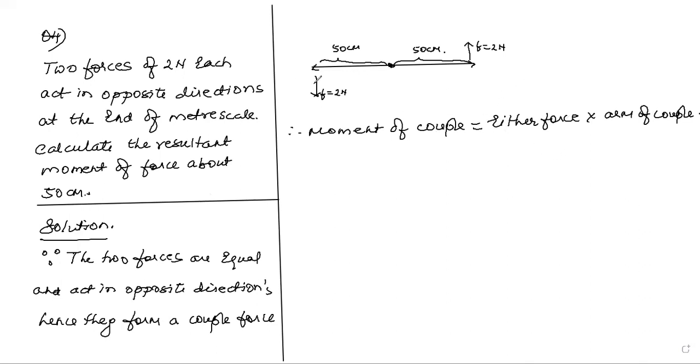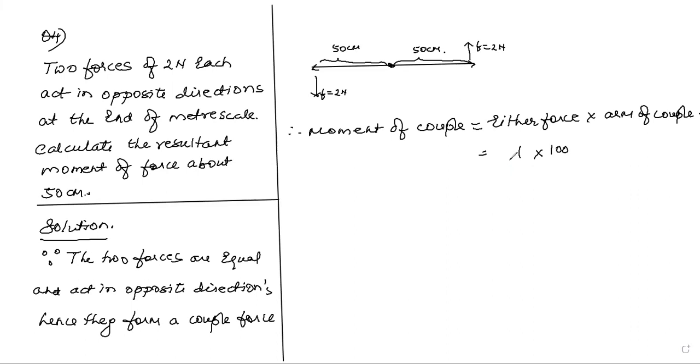Either force, you can see here, children, is 2 Newton, into arm of the couple, the distance between the two, 100 centimeter. I want it in meter because Newton is an SI unit and centimeter is a CGS unit.